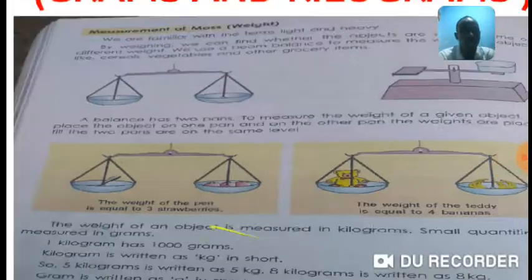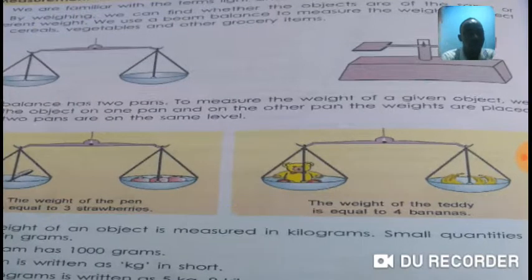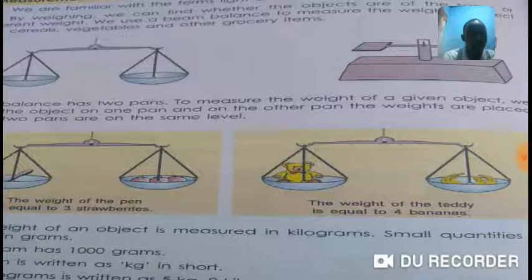Now let's look at the teddy and the 4 bananas, and we can see for ourselves that the weight of the teddy, or you can call it a teddy bear, is equal to that of 4 bananas. Very well.